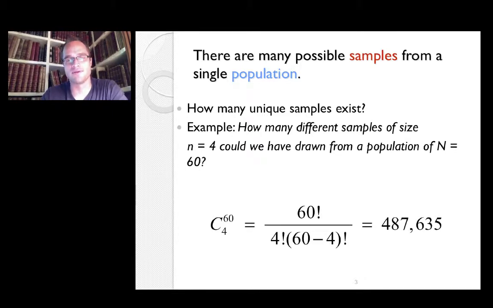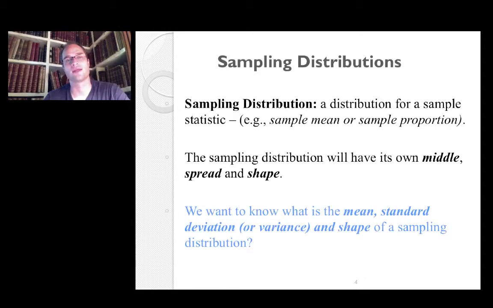That's kind of important. A relatively small population size of 60 and a small sample size of 4, you can generate almost 500,000 unique samples. And this is going to be important because it would be these 487,635 samples that would make up the distribution of x bar. So sampling distributions, very simply, are a distribution for a sample statistic.